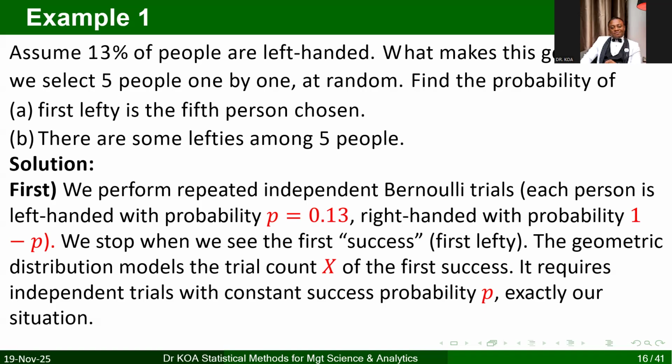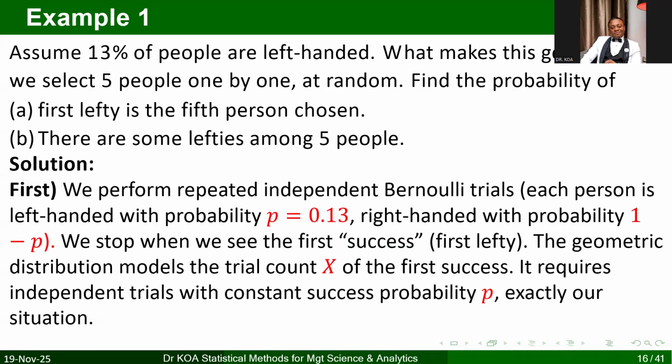We are going to stop when we see the first success. We know this. Yes. And that first success is the first person who is a lefty. Because the question even was, if we select 5 people one by one, we are interested in the lefty, the first lefty.